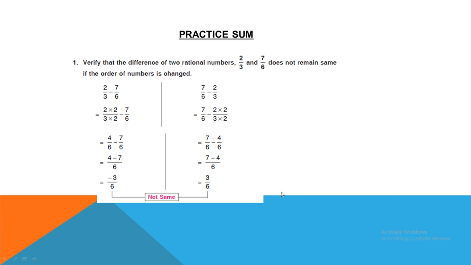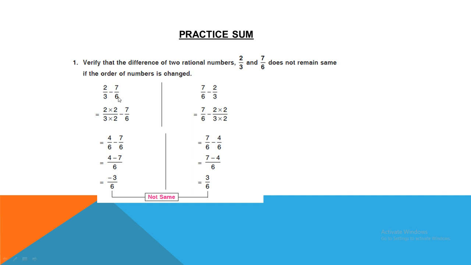Let's understand it with one sum. Verify that the difference of two rational numbers, 2 by 3 and 7 by 6, does not remain the same if the order of the numbers is changed. For example, 2 by 3 minus 7 by 6 and 7 by 6 minus 2 by 3, both sides. Different denominators, so we will make the denominator the same by taking the LCM.